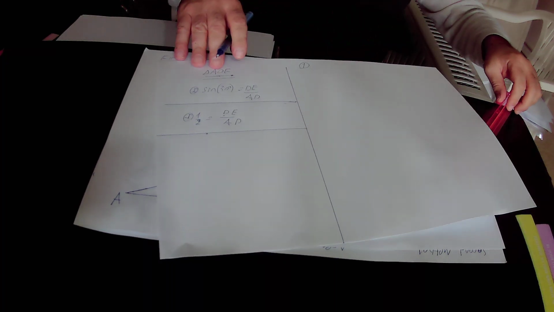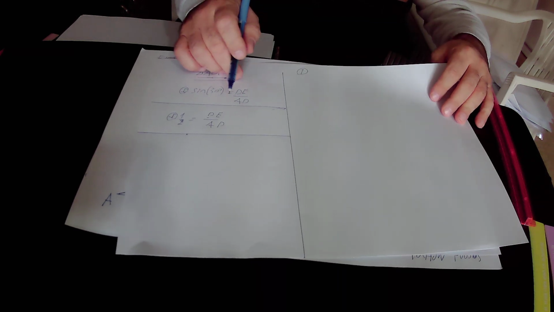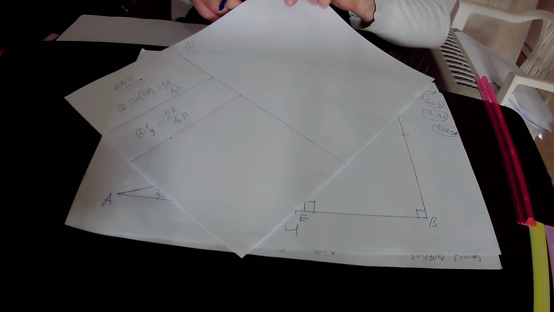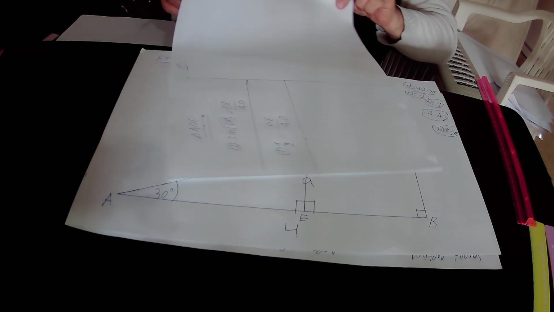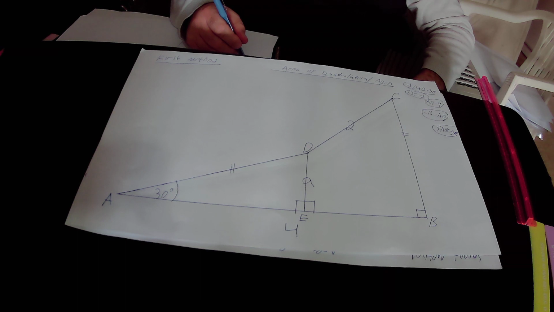One over 2 equals DE over AD, but DE equals A according to our definition. So we'll substitute DE by A, and we will get that 1 over 2 equals A over AD.